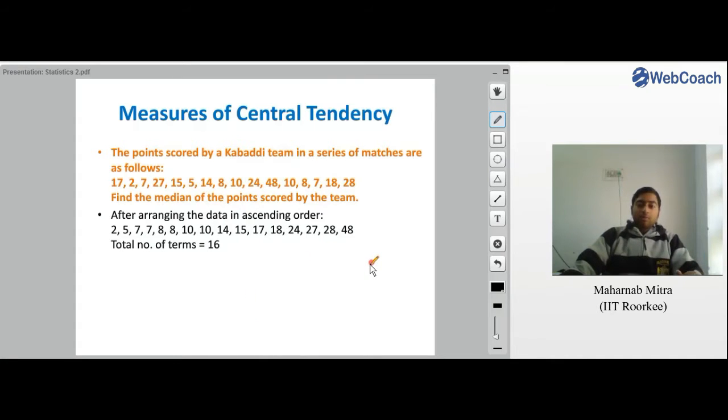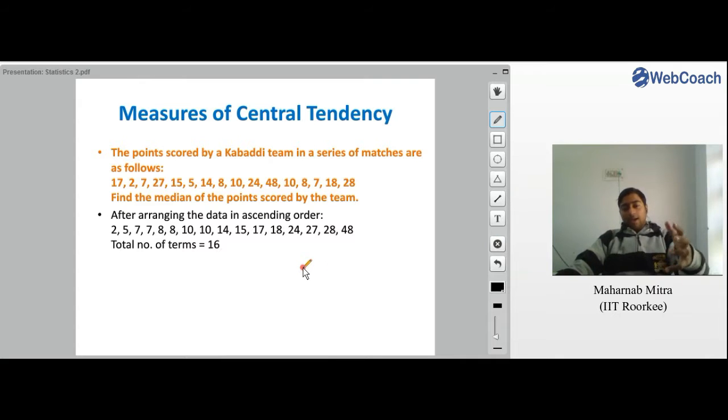Our first step will be arranging all the data in ascending order or descending order, and we are following ascending order because it is easier to arrange. If you count the number of terms, it comes out to be 16, which is even.